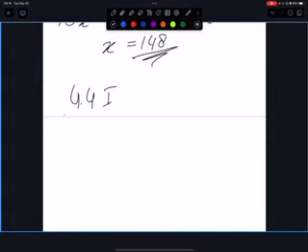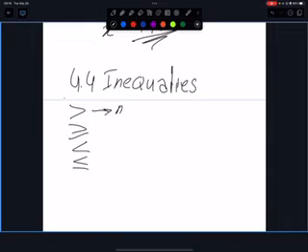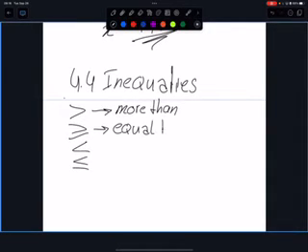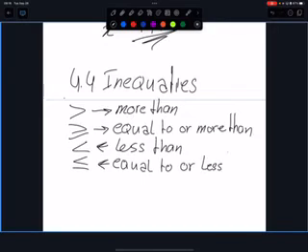An inequality. So in an inequality, you have these symbols: equal to or less than.